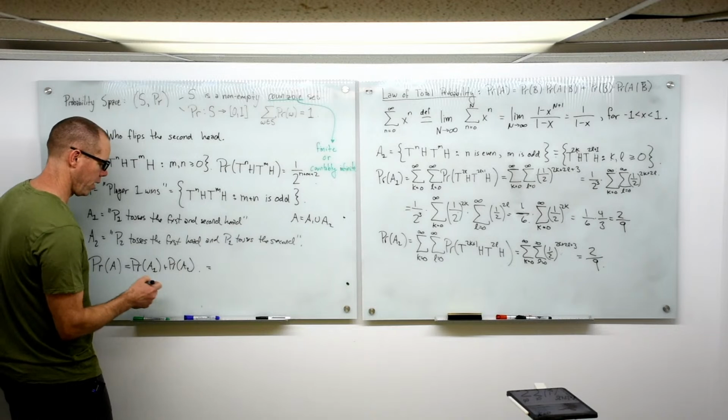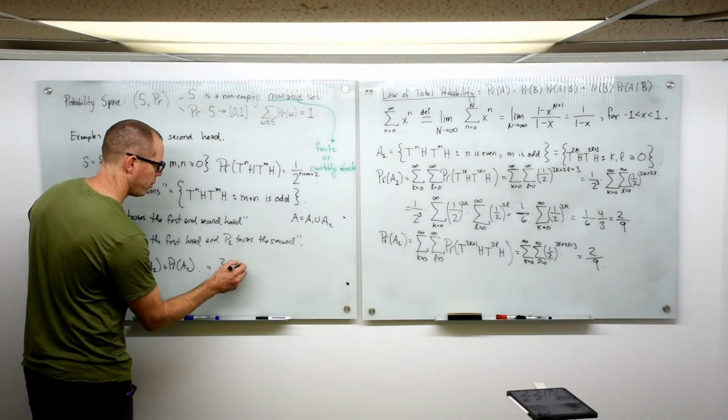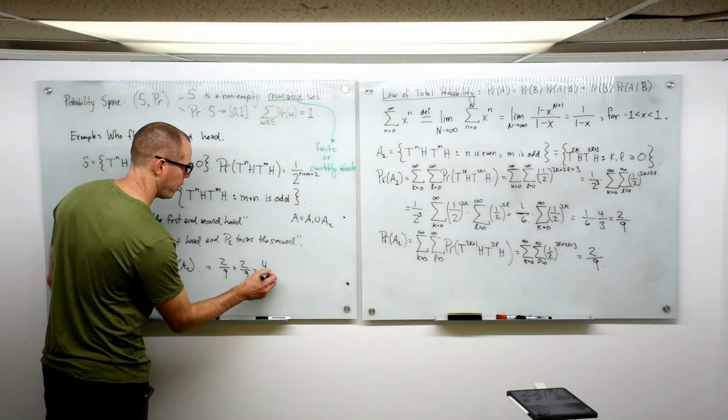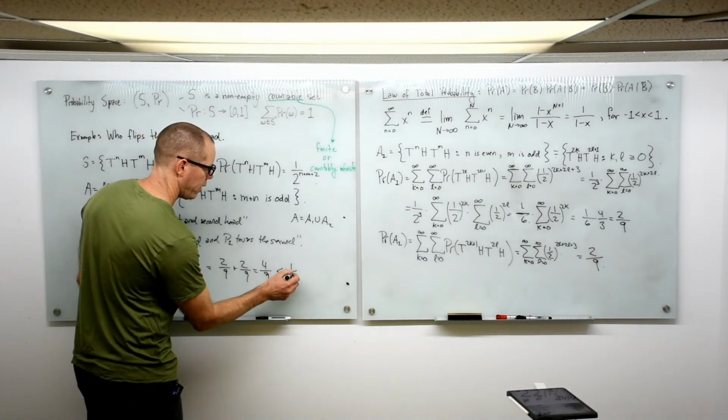So that means that the probability of A is 2/9 plus 2/9, which is 4 out of 9, which is less than 1/2.